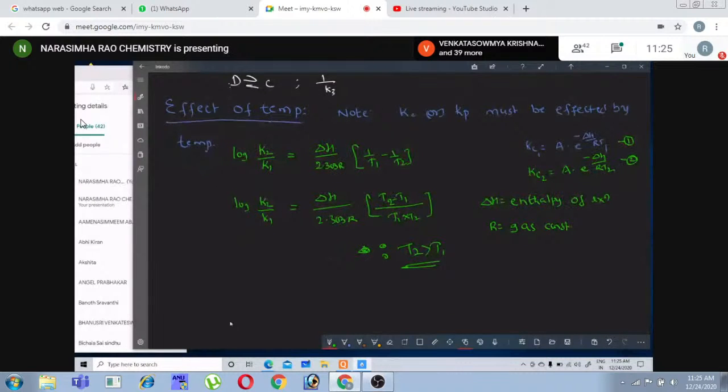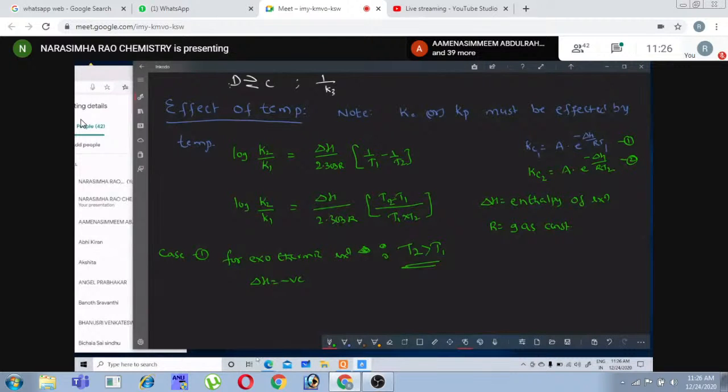Right, children. So first, case 1: for exothermic reactions, delta H is negative.